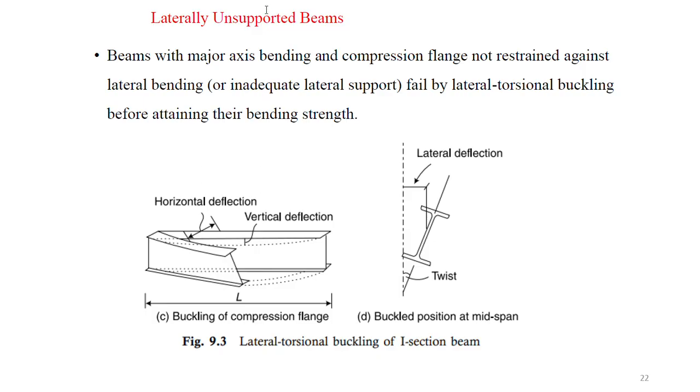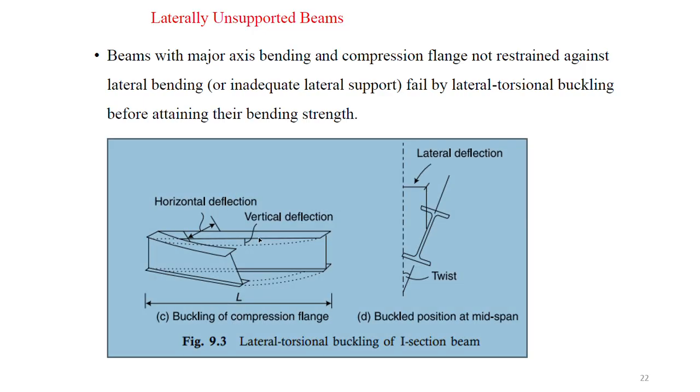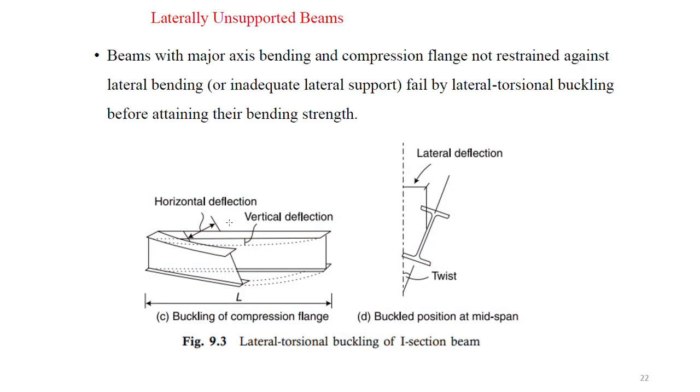Suppose you apply any load over this particular beam. If you see in this diagram, if you apply a vertical load to this beam, sometimes because of eccentricity or overload, this beam will get rotated.